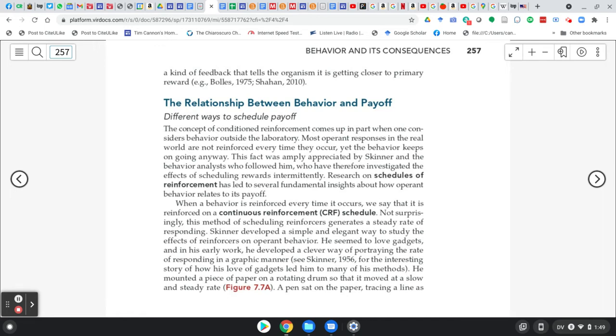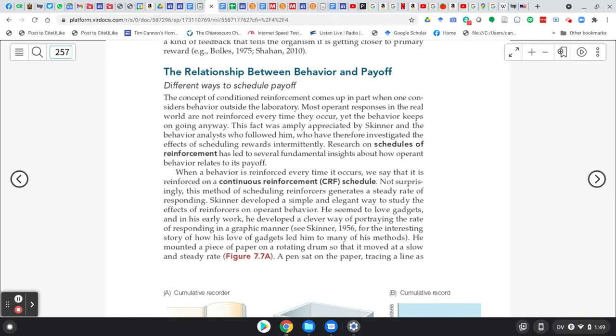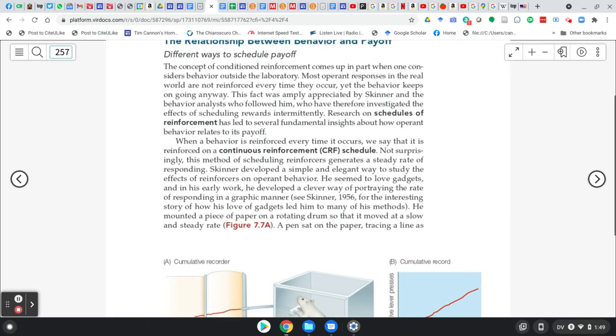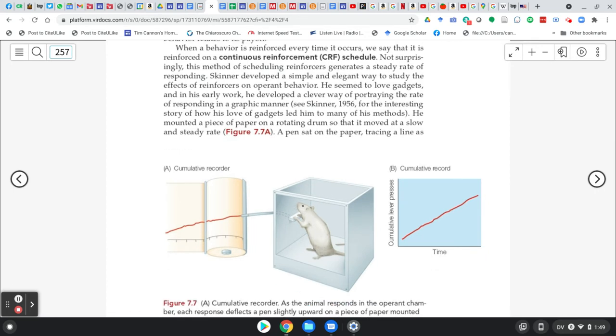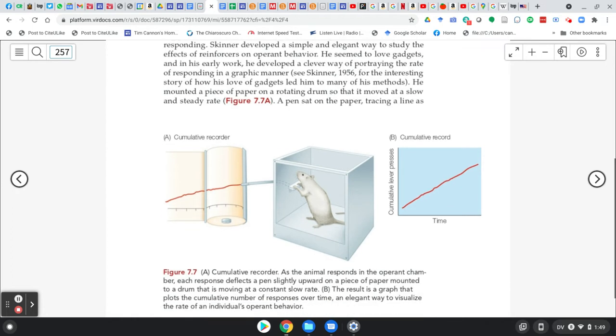So Skinner, in the 50s, here we go. These are some of the worst graphs I've ever seen for Skinner boxes and cumulative recorders. They are almost uninterpretable. But that thing on the left, the cumulative recorder, might make you think of something I obsessed over in an earlier lecture that Pavlov used.